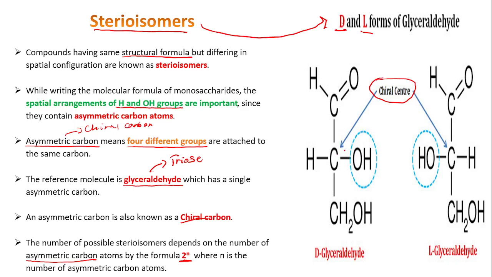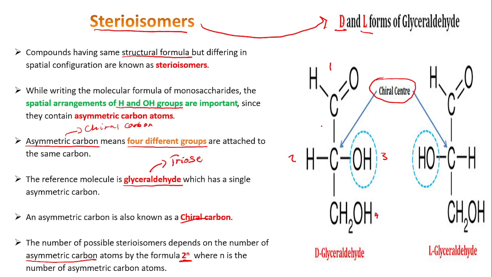The reason it is called the asymmetric carbon is that it has four different groups attached to it: one there, two there, three there, four there. If, let's say, this side had OH, then it would not be a chiral carbon.